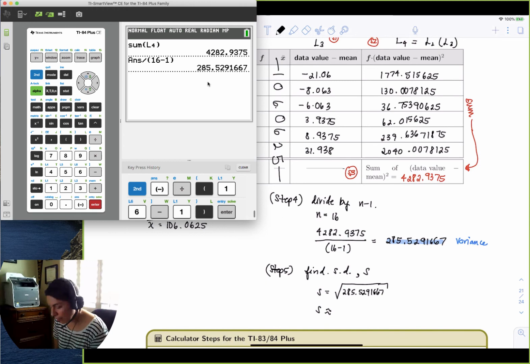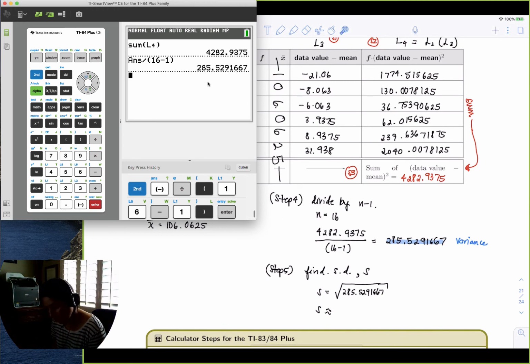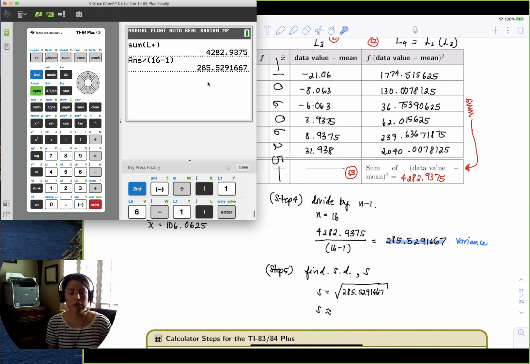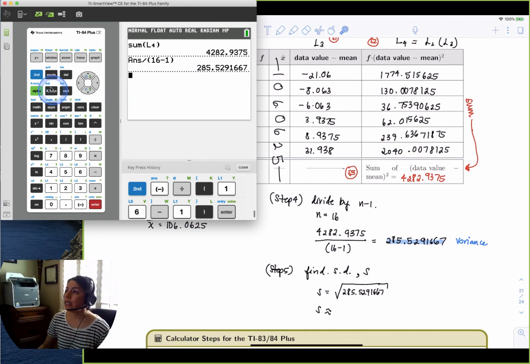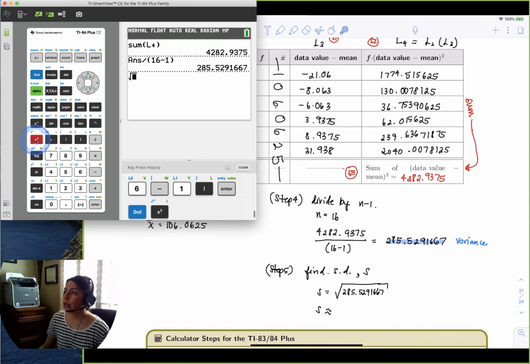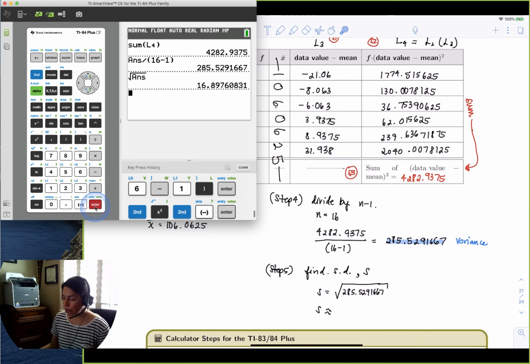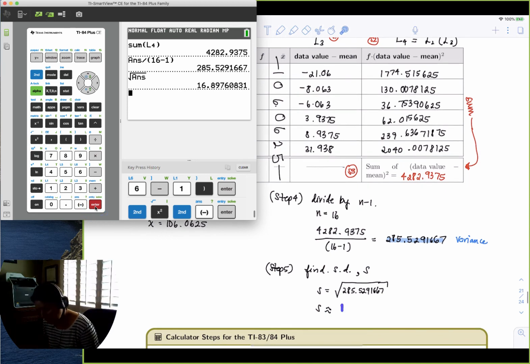Well, our data is given to us in pounds with no decimals, so they're all integers. We'll keep it that way and round one decimal past, so that would be the tenths place. Let's take second square root of the answer, second negative ans, and hit enter. So there it is, and we're going to round again to the tenths place because that is one decimal past our data, so 16.9.